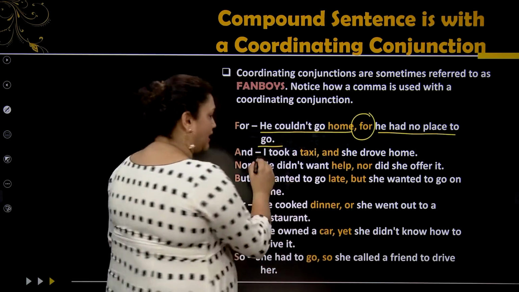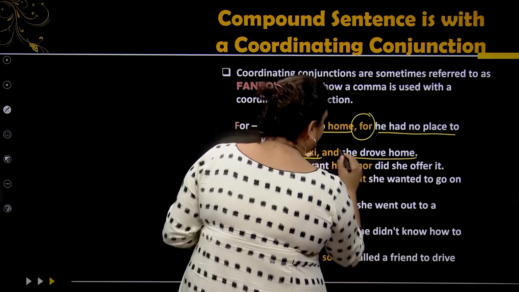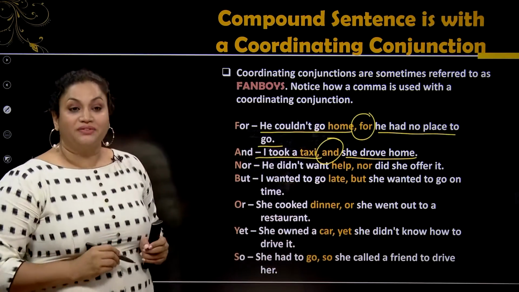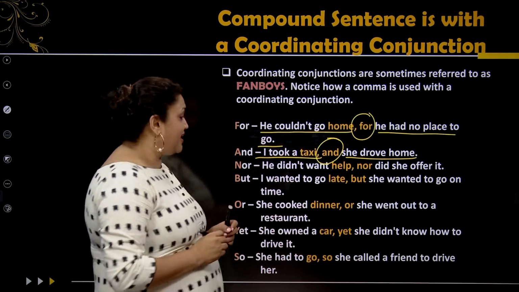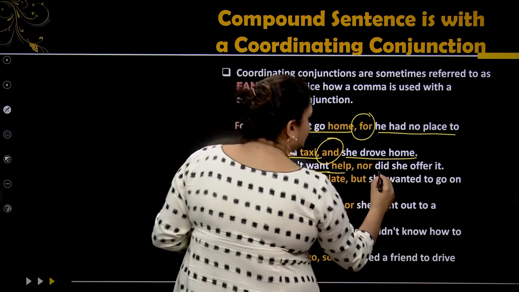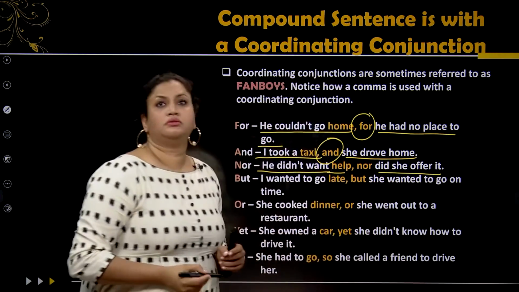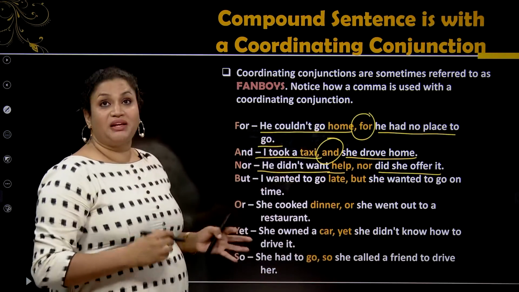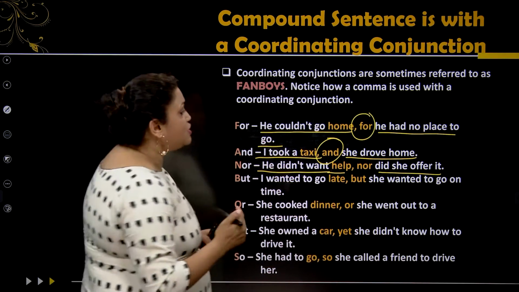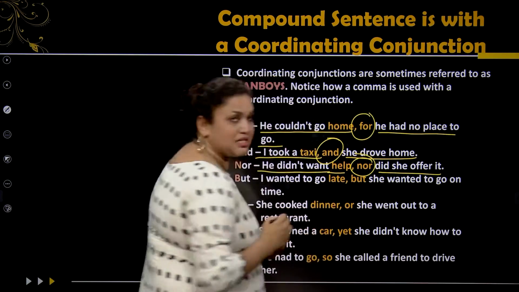I took a taxi, independent sentence. She drove home, independent sentence, and is a coordinating conjunction with a comma, right? He did not want help. Did she offer it? Okay, they are basically two independent sentences again, but with nor, it is changing the meaning of the sentence.